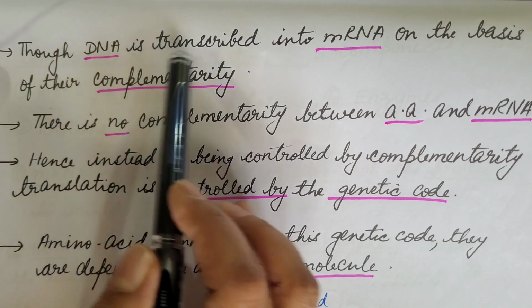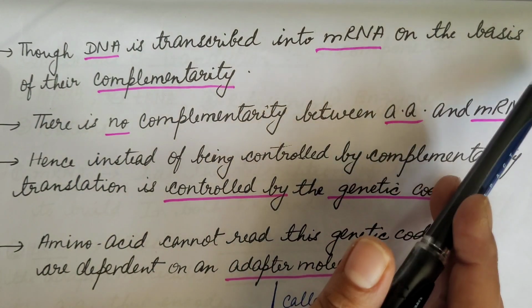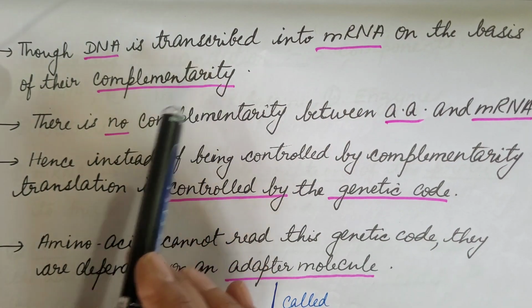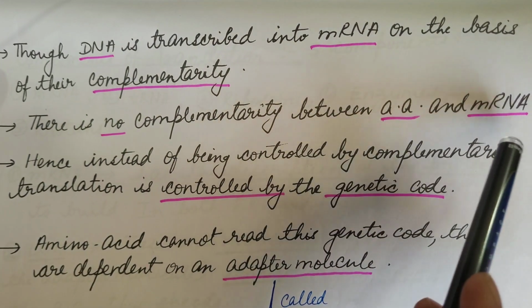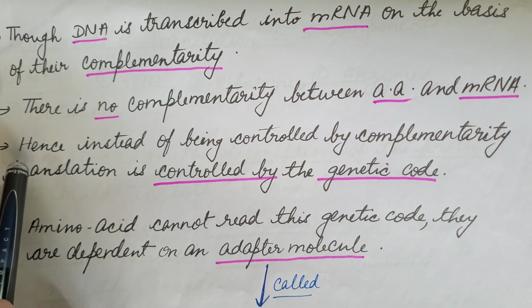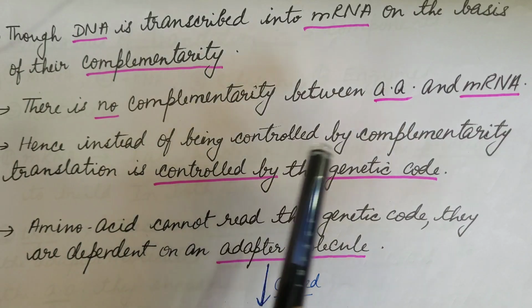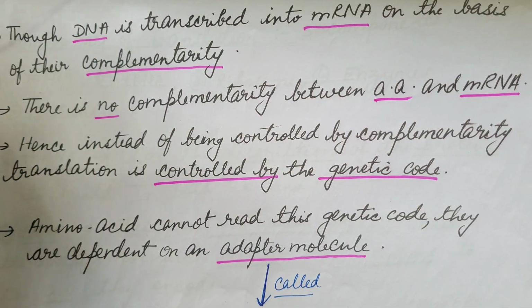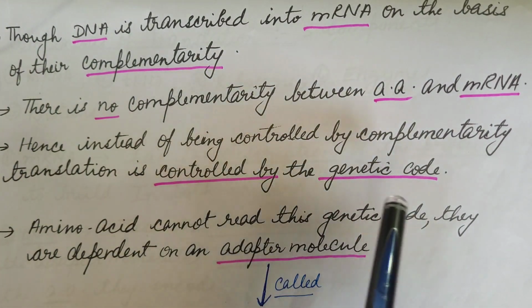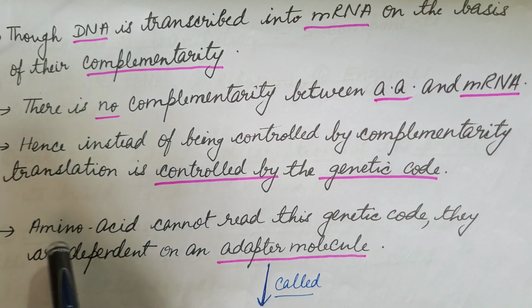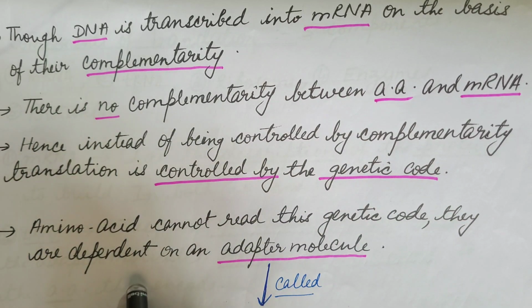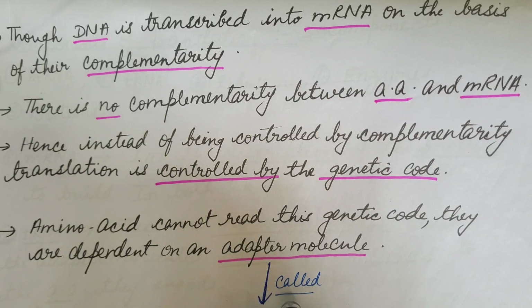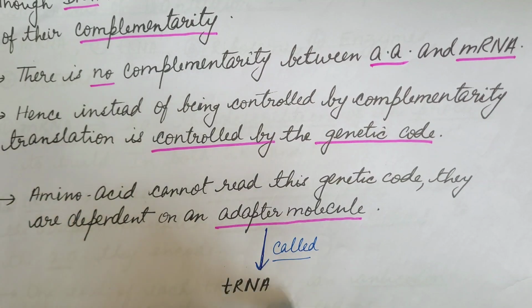Though DNA is transcribed into messenger RNA on the basis of their complementarity, there is no complementarity between amino acid and messenger RNA. Hence, instead of being controlled by complementarity, translation is controlled by the genetic code. Amino acid cannot read this genetic code. They are dependent on an adapter molecule called transfer RNA.